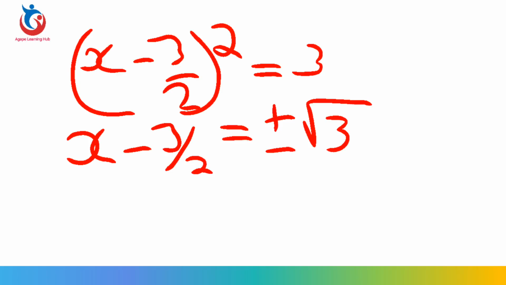Changing this 3 over 2 to 1.5, so it's x minus 1.5. What's the square root of 3?